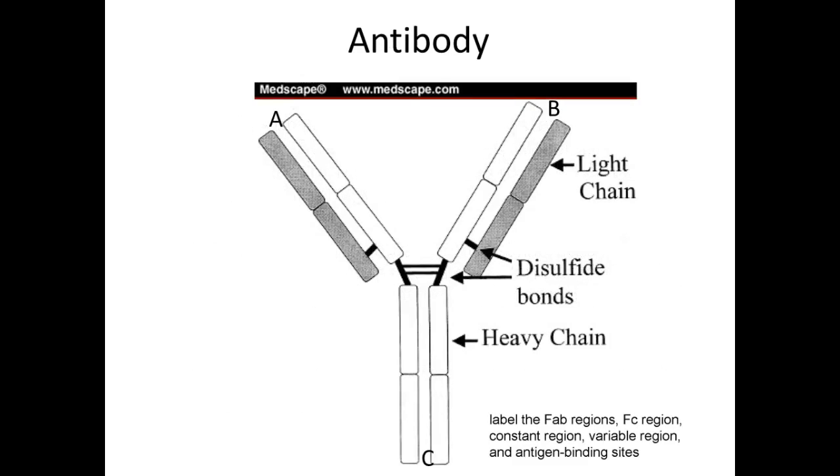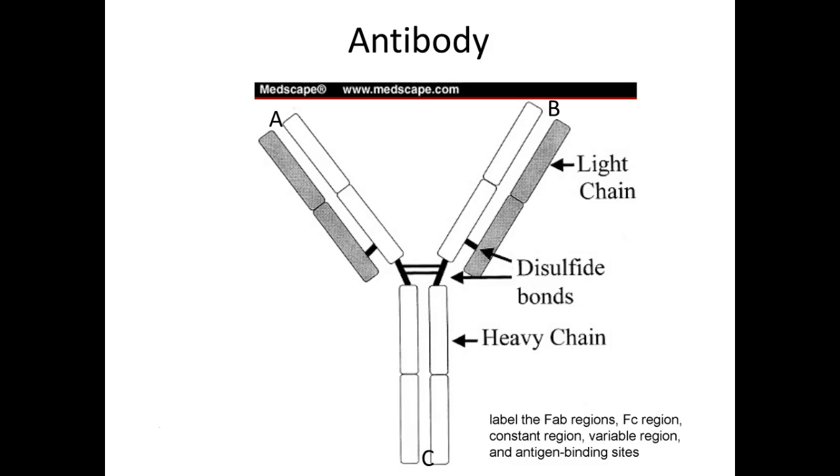This is a general drawing, almost like a stick drawing we would do for people, but for antibodies. Antibodies have major components that determine their ability to function. They are proteins, made by our cells, and they're secreted.